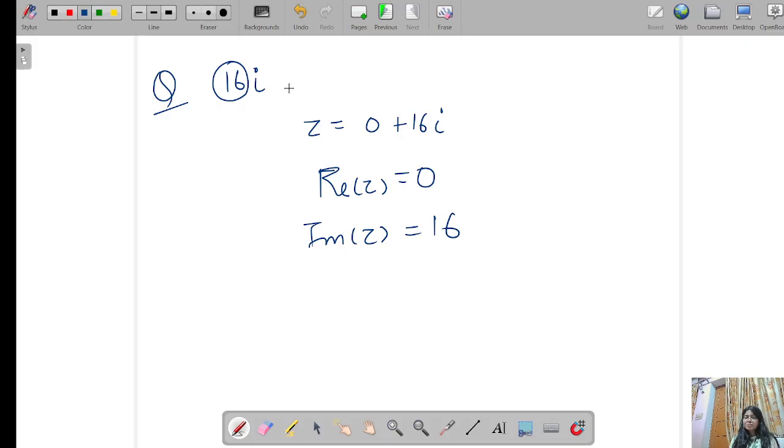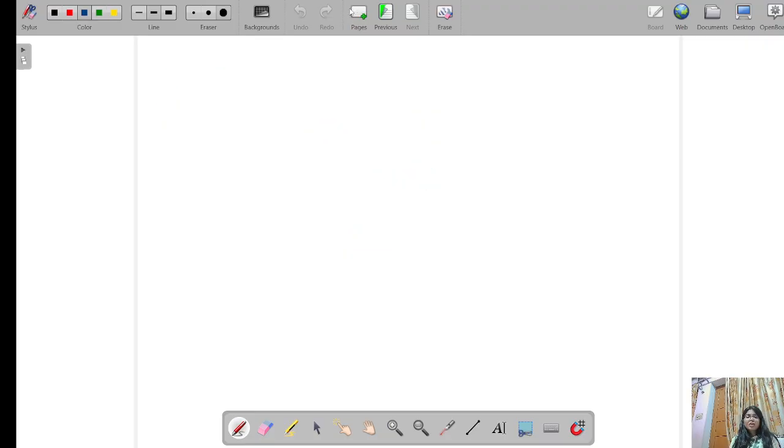Now, let's move further. If two corresponding values are equal, let's suppose I am saying x plus iota y is equal to 16 minus 6 iota. What does this mean? This must be equal only when the real part is equal to the real part and the imaginary part is equal to the imaginary part.